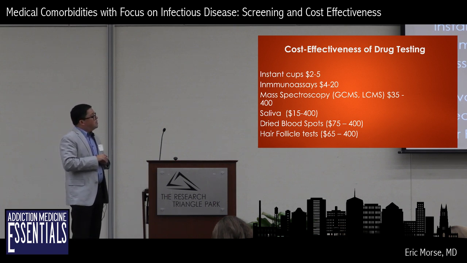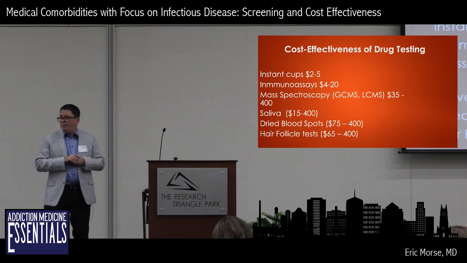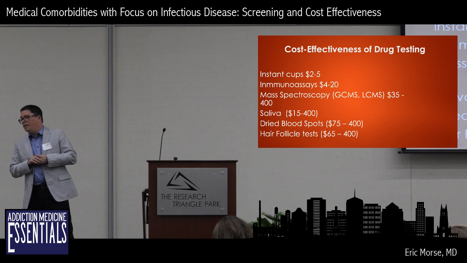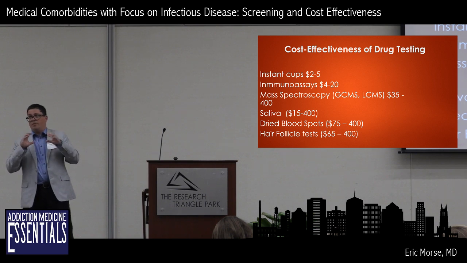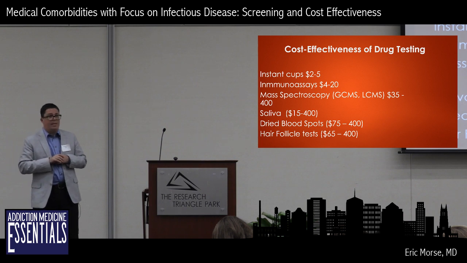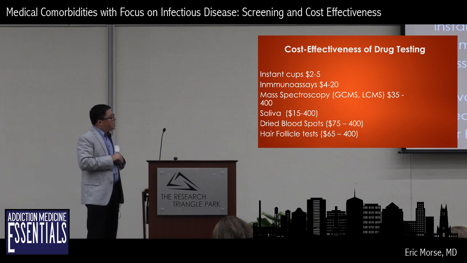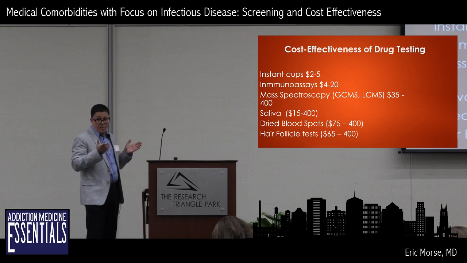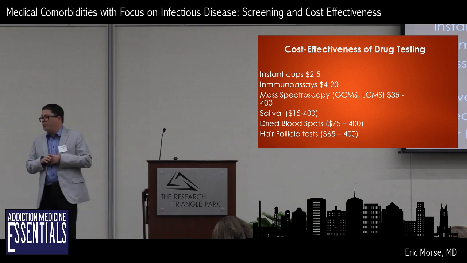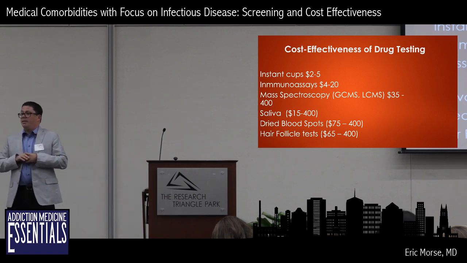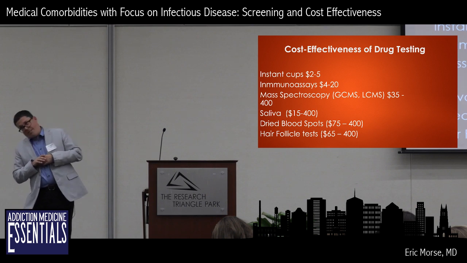The cost of immunoassays, if you send it to a lab, is usually somewhere between $4 and $20. That's the cost to run it. Someone might try to charge you more. Don't let that happen. And then mass spectroscopy, so your gas or your laser, can vary between $35 and $400, depending on how many substances you're testing for.